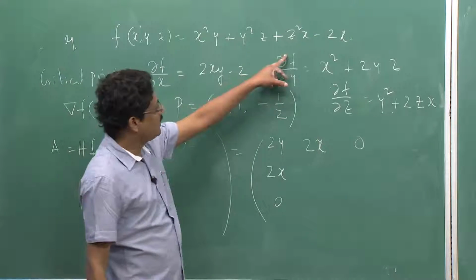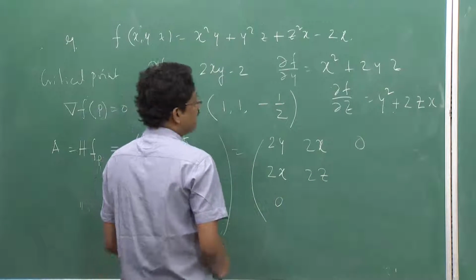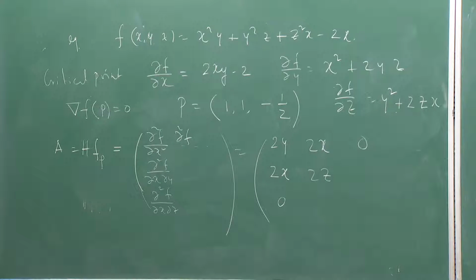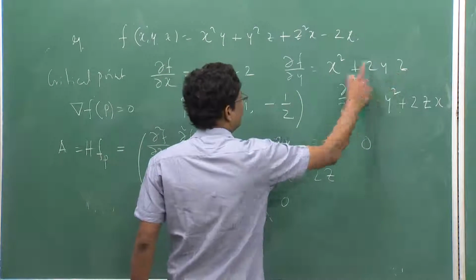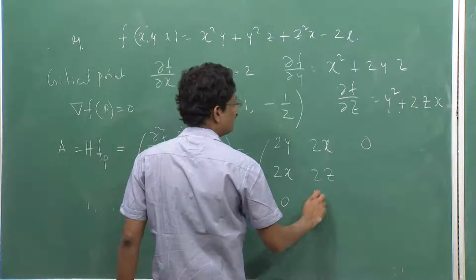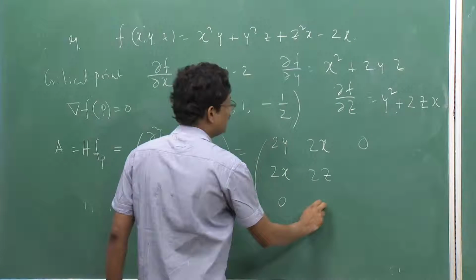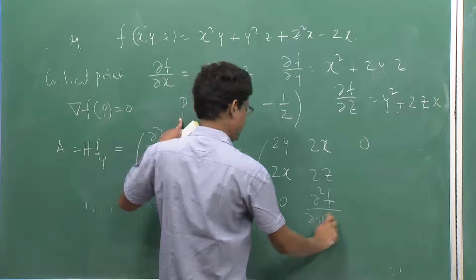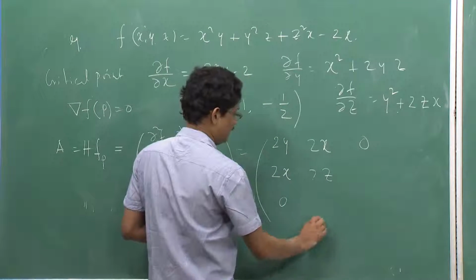Okay. So, del square f del y square is 2z, and del square f del z del y is just del square f del y del z, which is equal to 2y.